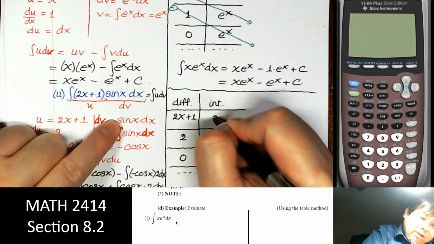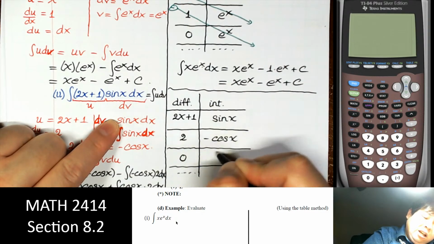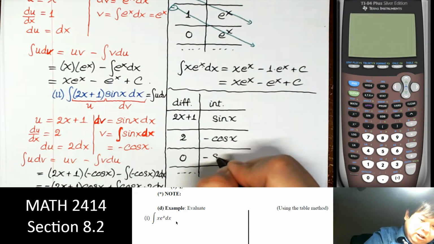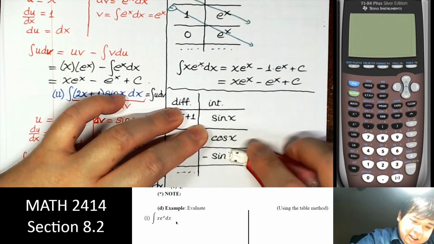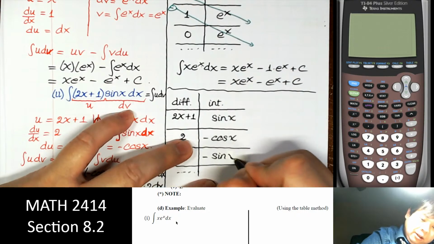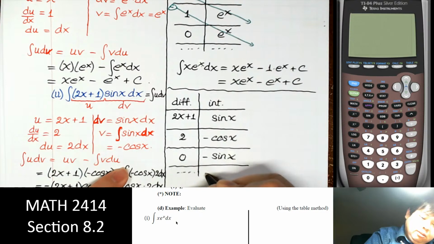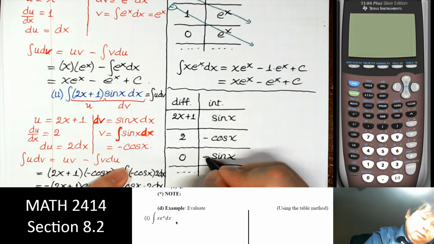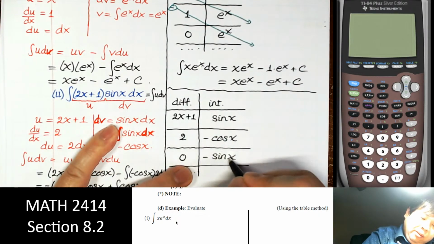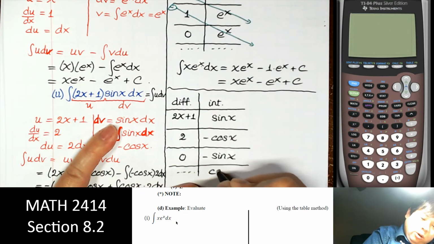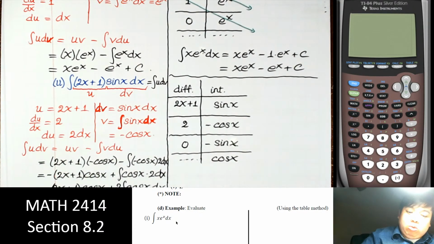Integral. We have sine x. Integral of sine x is negative cosine x. Integral of negative cosine is negative sine. Keep adding the k to it. And then after that, it's going to be cosine, and afterward it doesn't really matter here for that term because we multiply by 0.